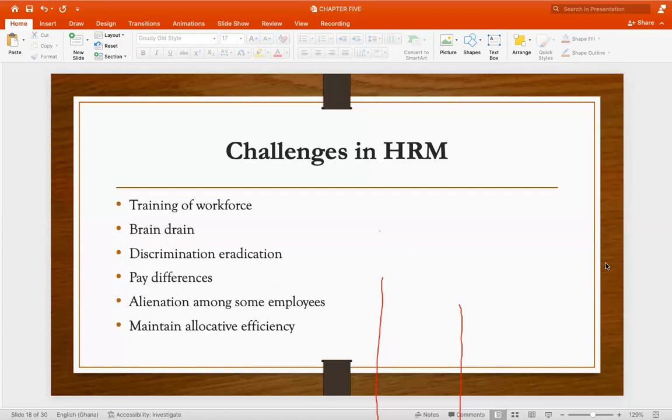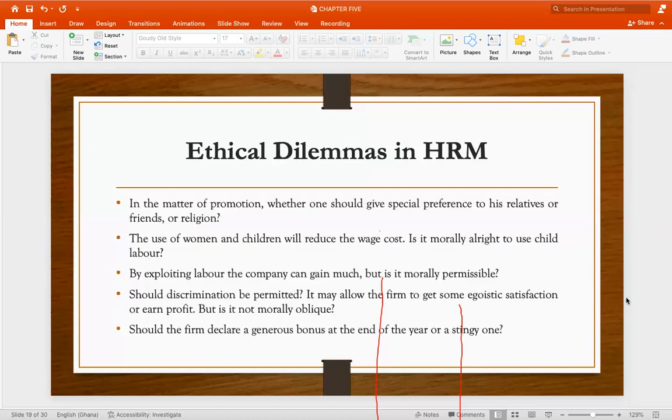So the ethical dilemmas in human resource management, in the matter of promotion, as I initially talked about as a challenge, trying to avoid discrimination, eradicating it. The matter of promotion, whether you should give preference to your family and friends, or special preference to a relative or somebody.